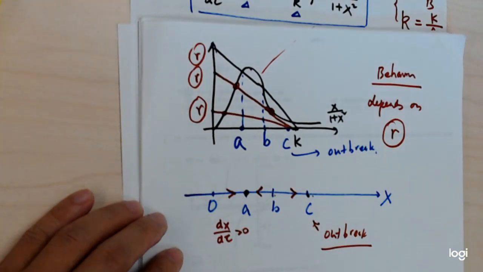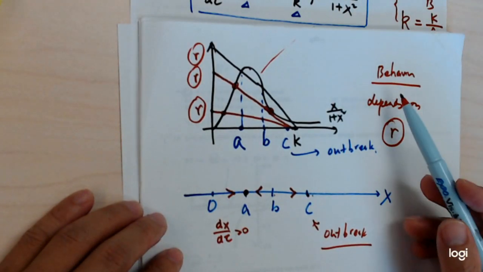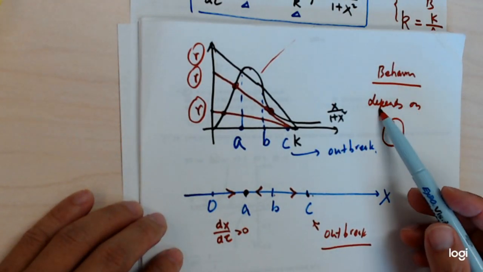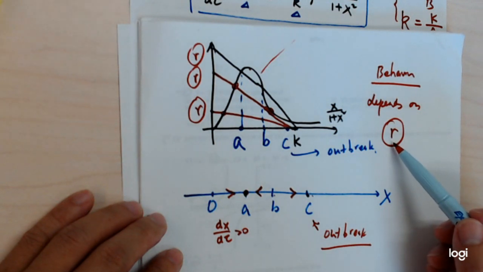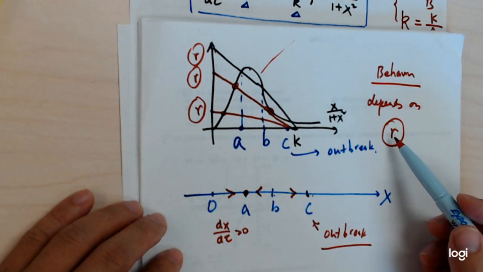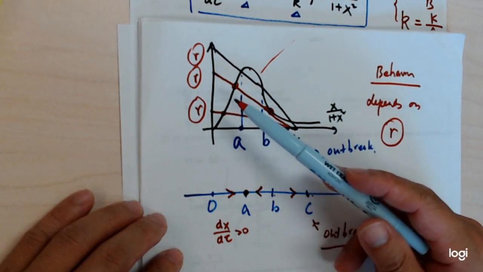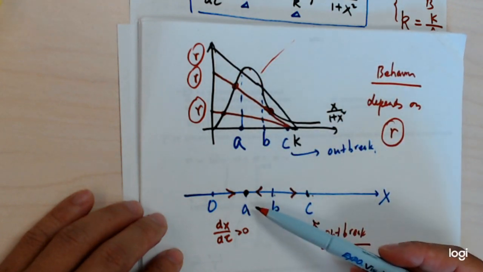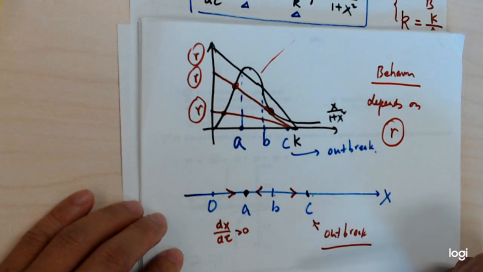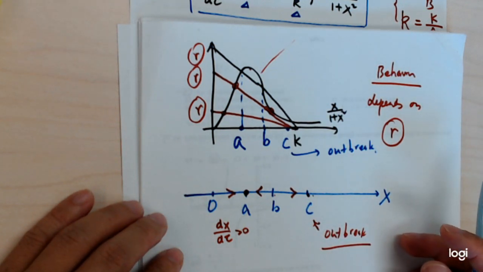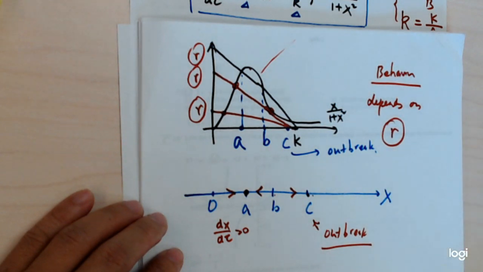The way that the behavior can change depending on one parameter, that's what we call bifurcation theory. Once again, in this example, for small r there is one equilibrium. When you increase r, you can create three different equilibriums. This kind of change in the behavior of the system is what we call bifurcation theory.